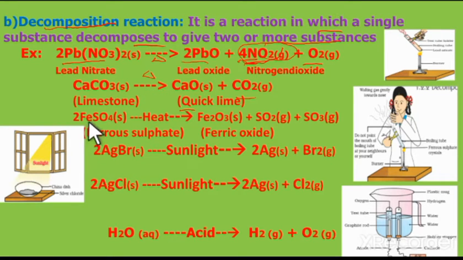Another example: when ferrous sulfate is heated, it gives ferric oxide Fe2O3 plus sulfur dioxide and sulfur trioxide. The sulfur trioxide gives a suffocating smell, and this ferrous sulfate is decomposed to give more than one product, so this also comes under decomposition reactions.